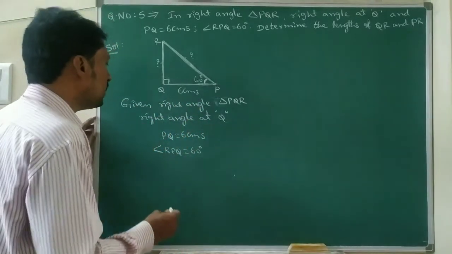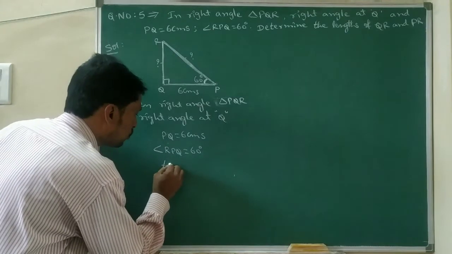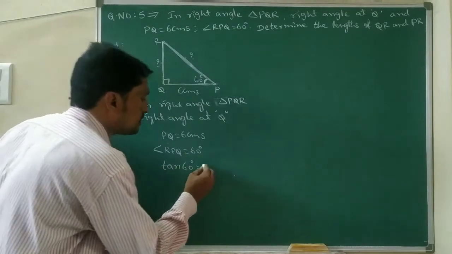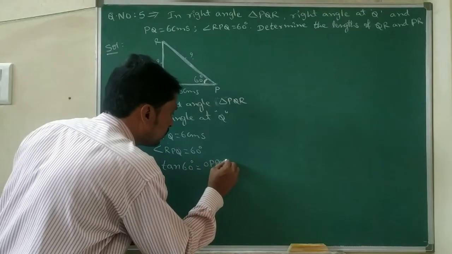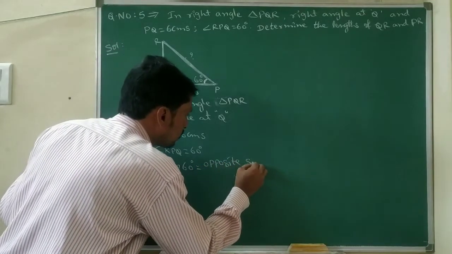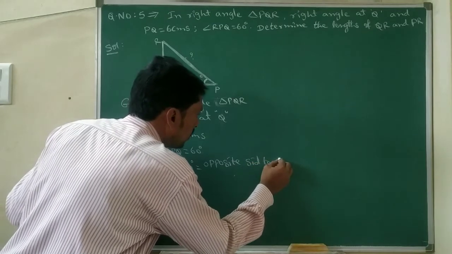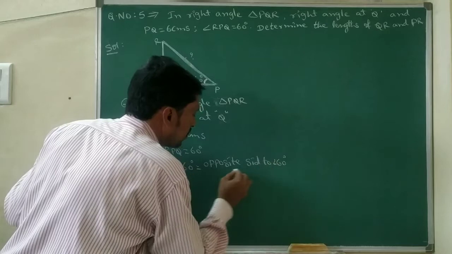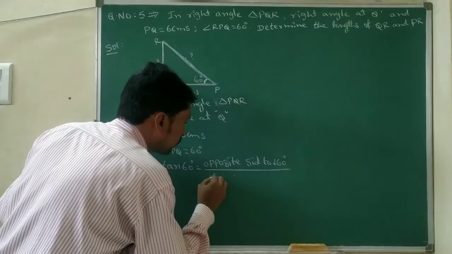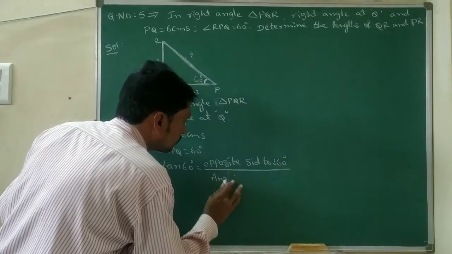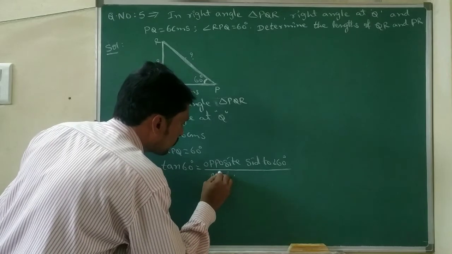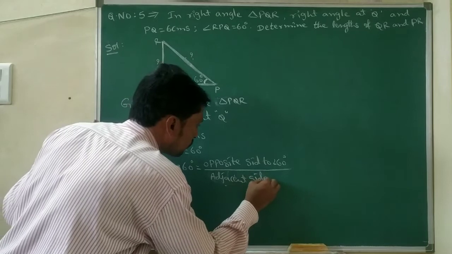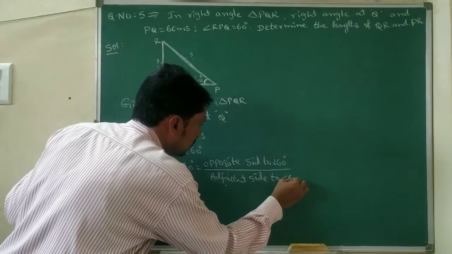So now I am taking tan. Tan 60 degrees equals the opposite side to angle 60 degrees by the adjacent side to angle 60 degrees.